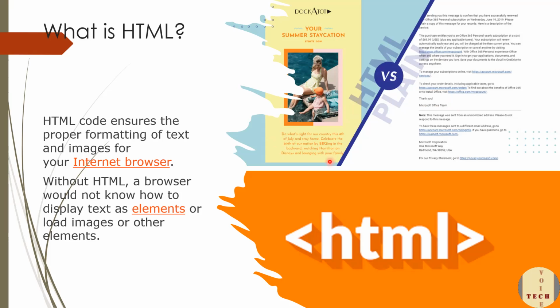Without HTML, the browser will not be able to understand whether these elements stand for a paragraph or you have tagged it for an image, or any other elements that we are going to see in the next sessions. So that's the primary difference between HTML and plain text.